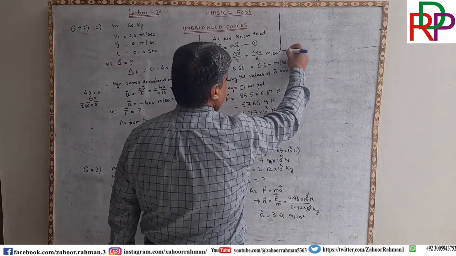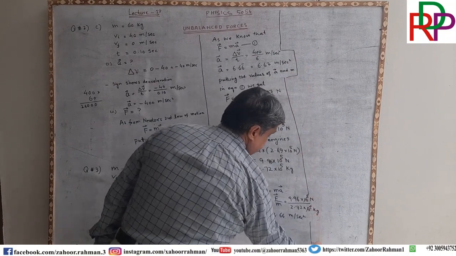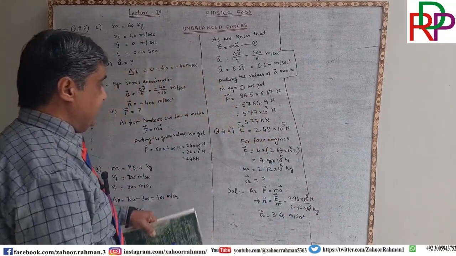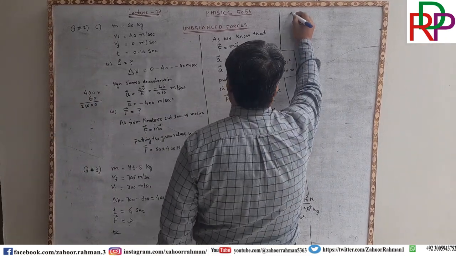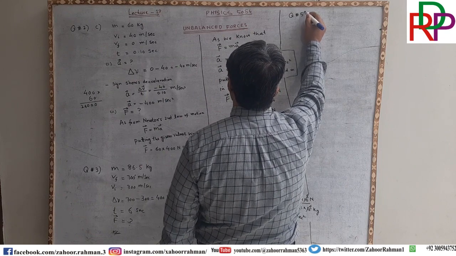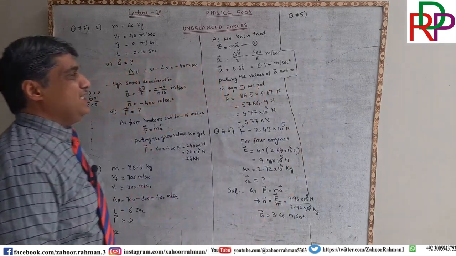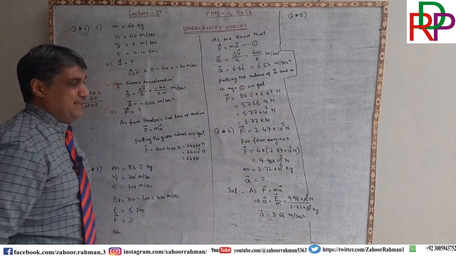Now we are turning our focus to the next question, and that is question number 5. Question number 5 is a theoretical one. So we have to deal with it theoretically, not numerically.